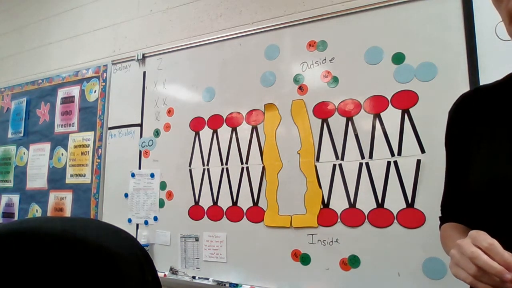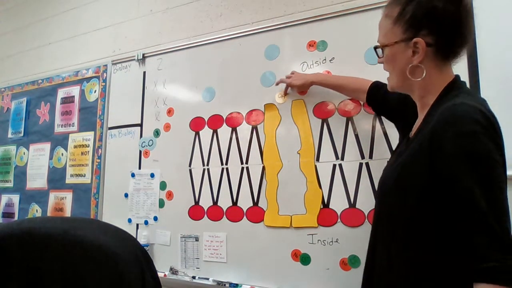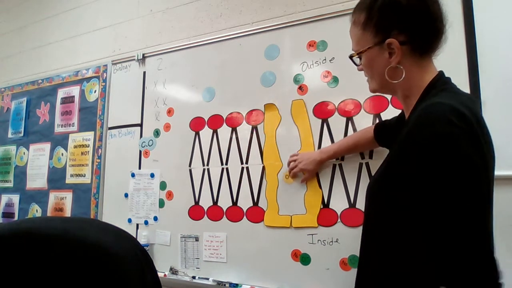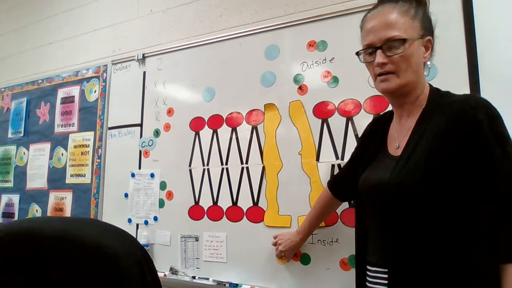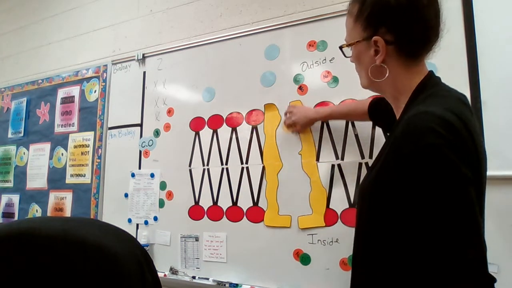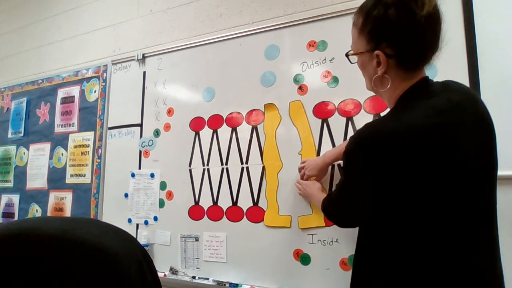That's it. It's only going to let that one molecule through. In this case, it's only going to let a hydroxide through. Hydroxide can slip back and forth all it wants through this particular channel.